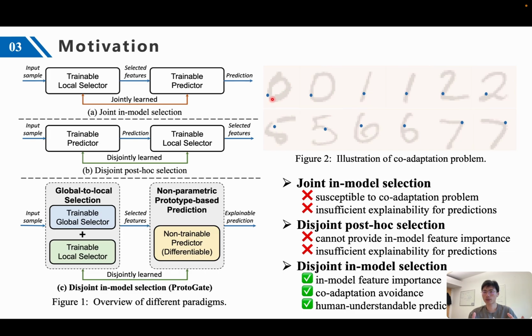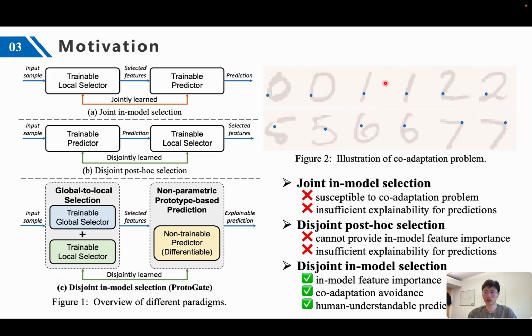If we give people such a feature, people cannot tell this is 0, this is 1, which means that the model has high accuracy, good, but the used evidence, in other words, the features, are just noise for humans. So this is low fidelity feature selection, which is unacceptable for real world applications.